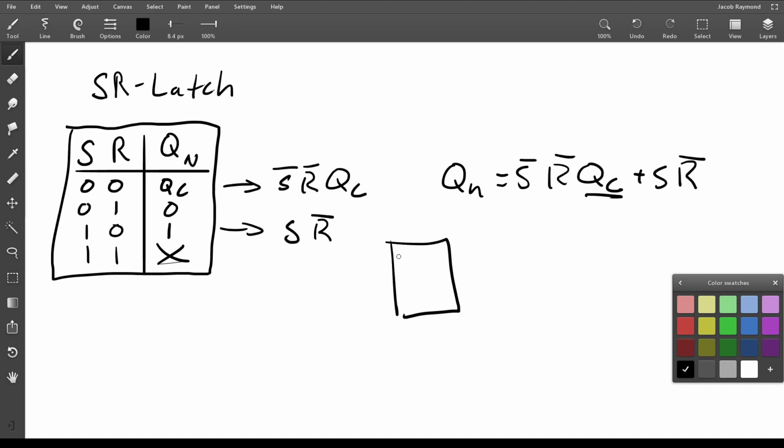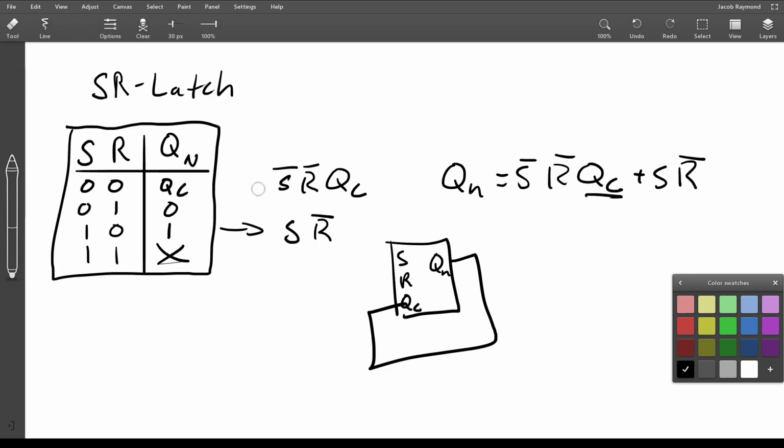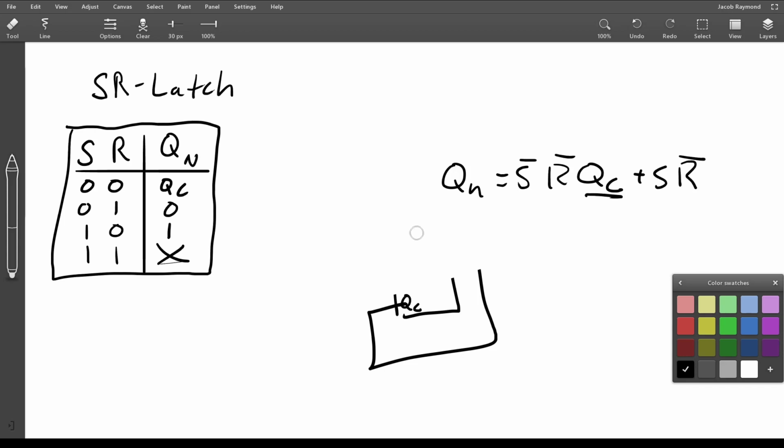You'd have to have your S, your R, Q current as an input, and then Q next, and then you'd somehow connect this back up to here, and it just starts to get really confusing about how you're supposed to implement this. So I'll try to instill the intuition behind how a basic SR latch works.